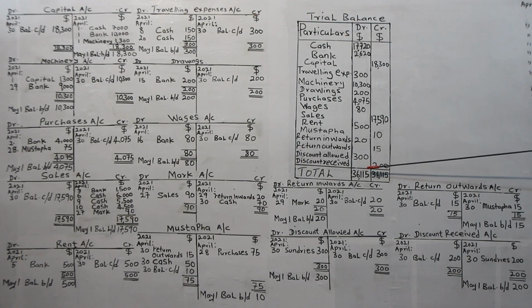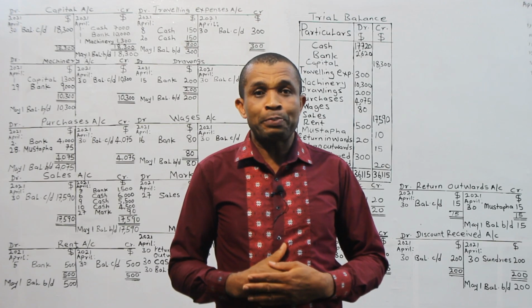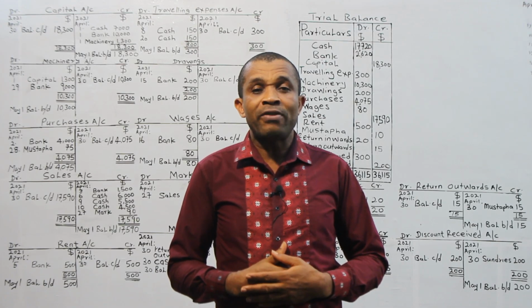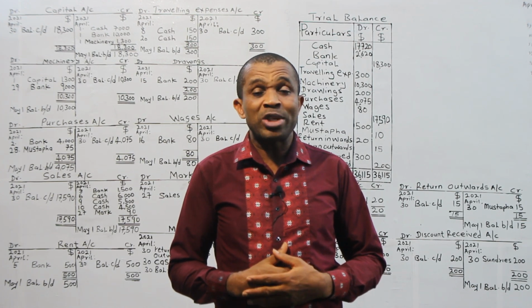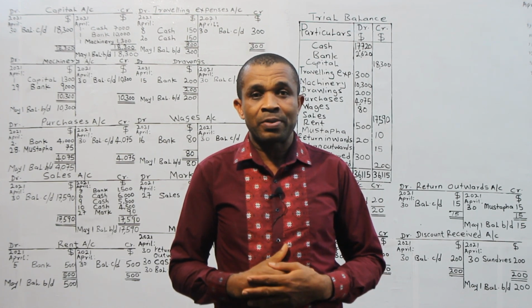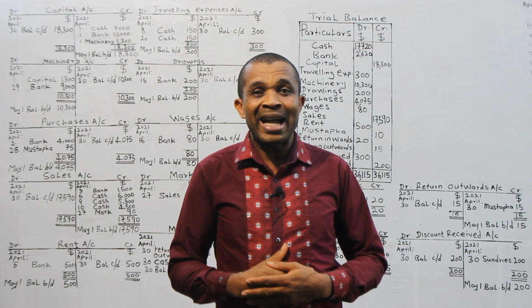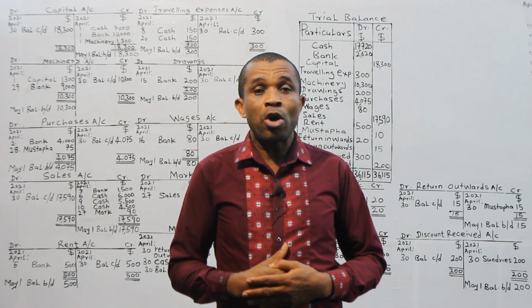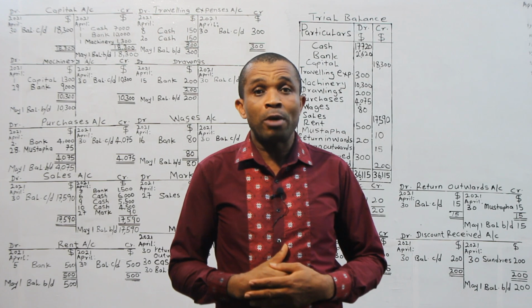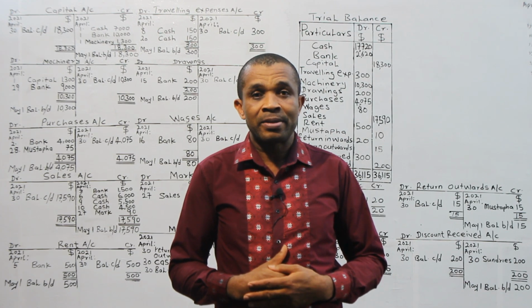If you observe properly, you will discover that we dealt with some credit transactions. We sold goods to Mark on credit and also purchased goods from Mustafa on credit.